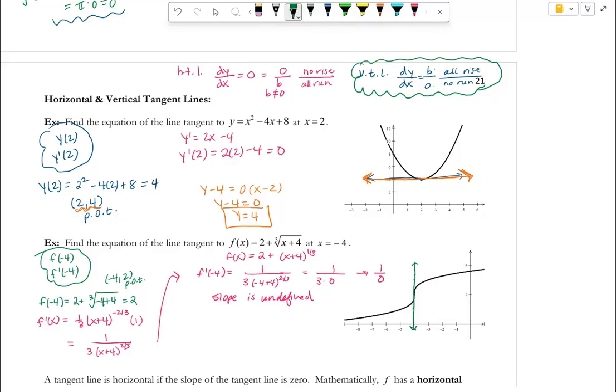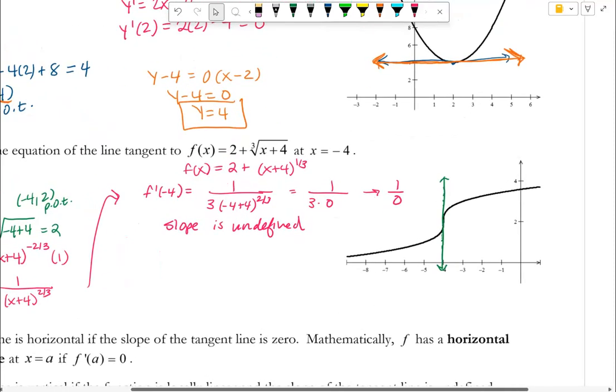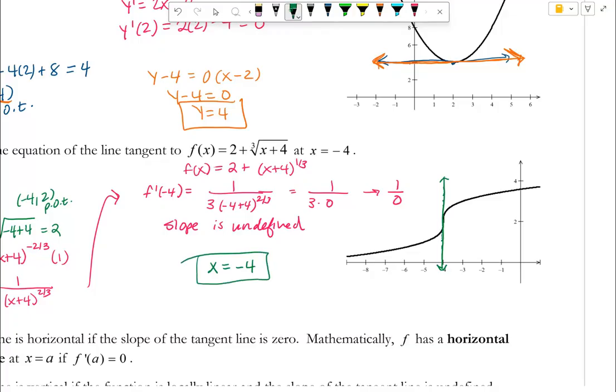So if my derivative is 1 over 0, my slope is essentially infinity. If I have a vertical line, I just need to remember that the equation for a vertical line is always x equals a constant. So in this case, x equals negative 4. Our equation is always going to be x equals the x value that our vertical tangent line passes through.